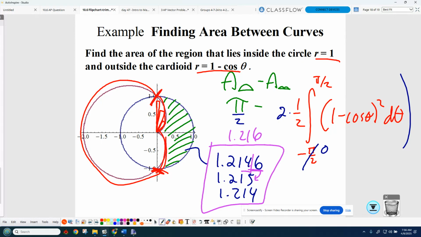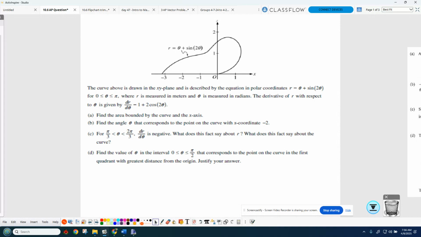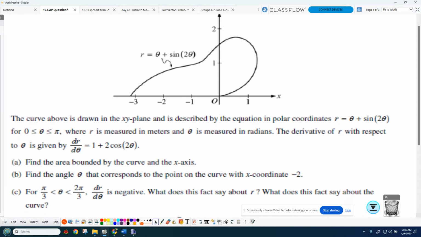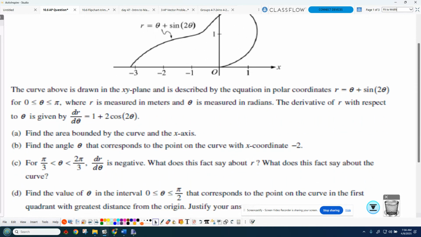Okay. So yeah, the hard part is typing. So here is an actual AP question.